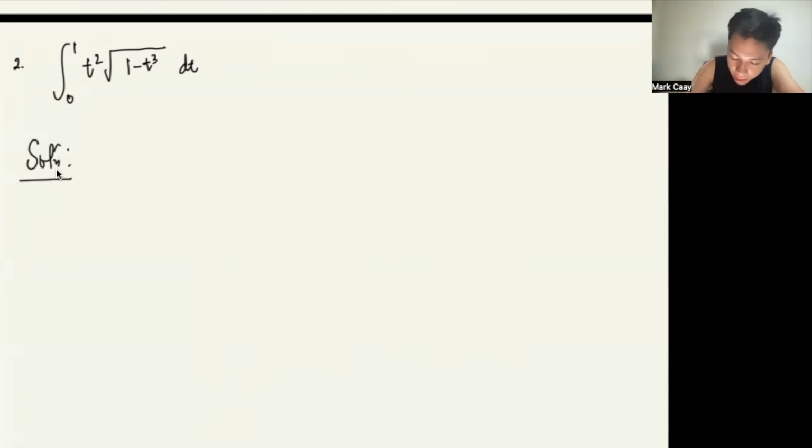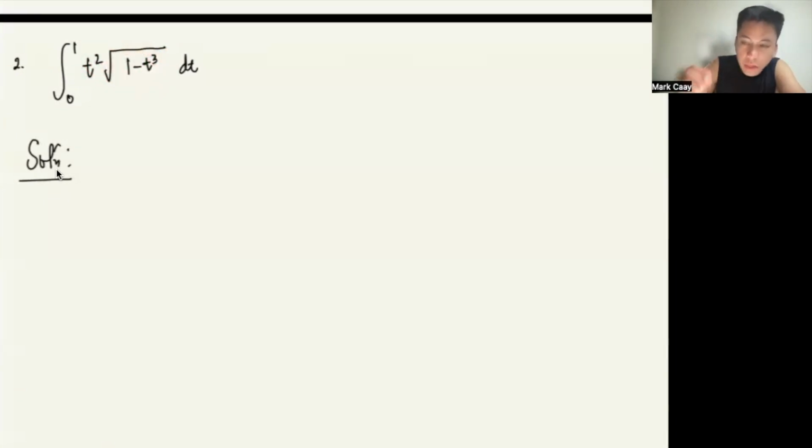The technique, although it's not really a technique, is that the exponent inside is 3 compared to 2 here. So this is higher, although it is inside the square root. Let's ignore the square root sign.